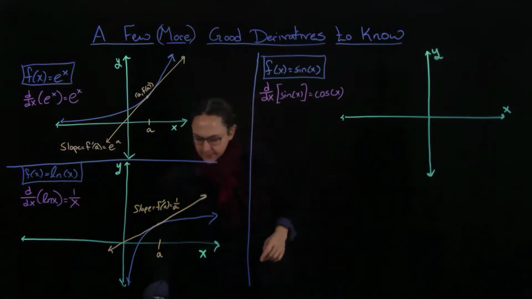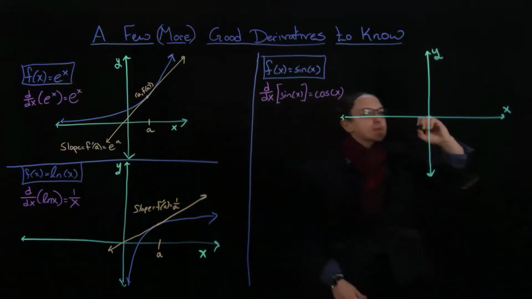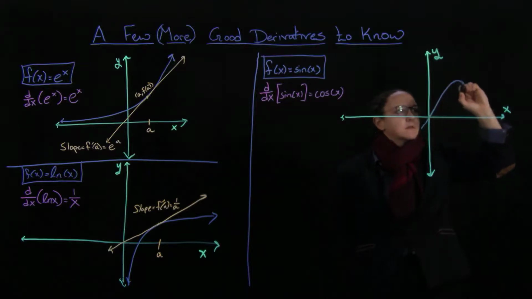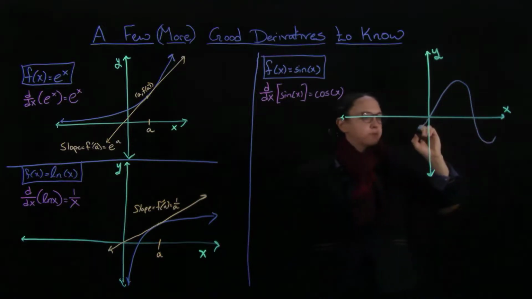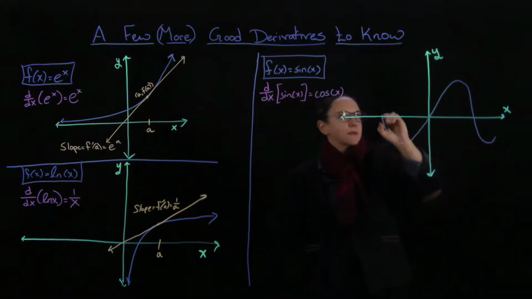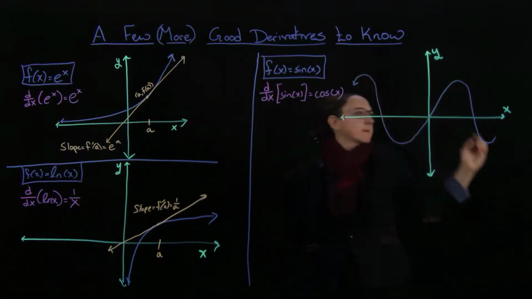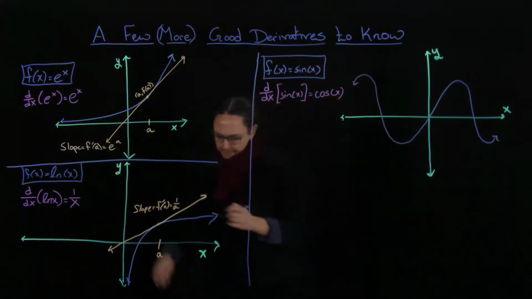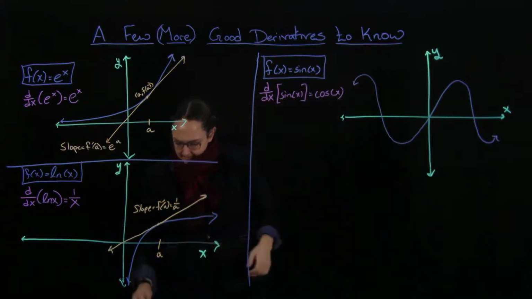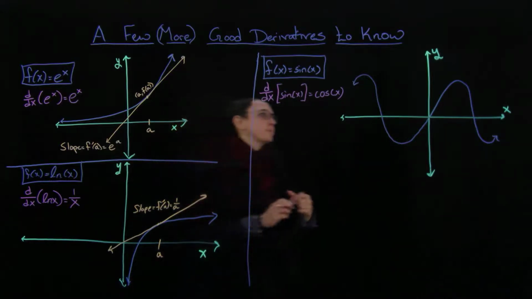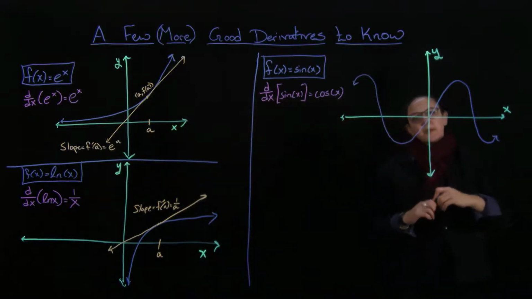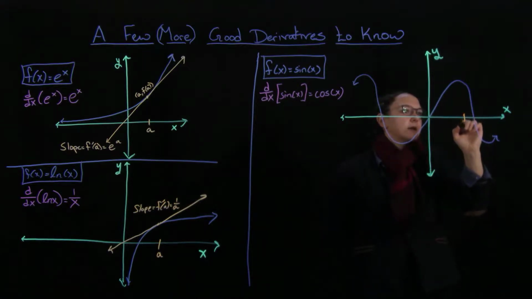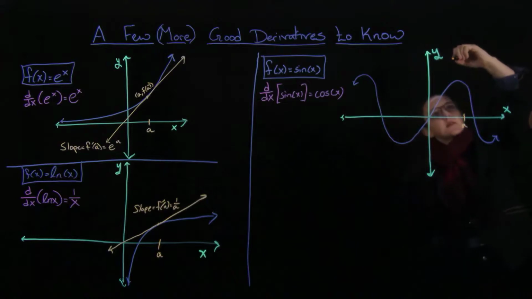So the graph of the function, when it goes to 0, it kind of looks like this. Okay, so that's the graph of this function here. And then if I look at some point A, I want to look at the slope there. I'll do A kind of over here.